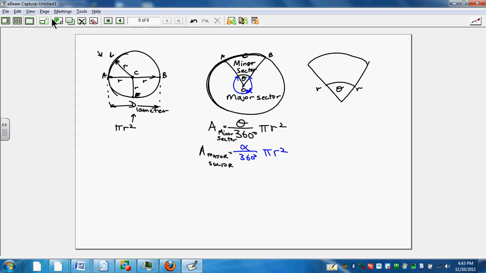Okay? Then the other thing we have to be aware of is how do we find the arc lengths? Arc length is another thing. Now what is an arc length? Well, if I had to find the arc length going from A to B, just going from this point to this point, then we would have to find a fraction of the circumference.